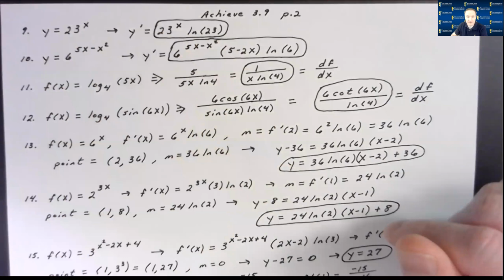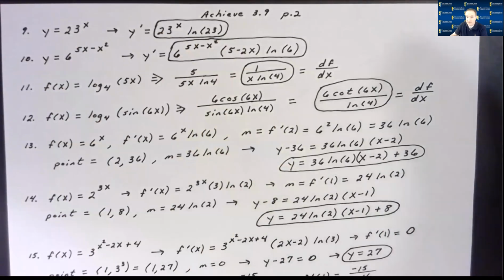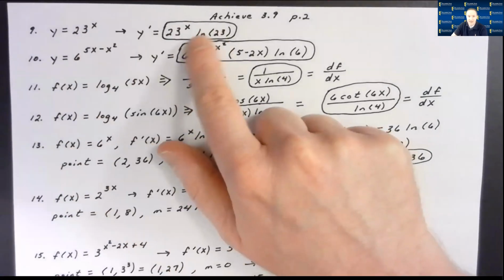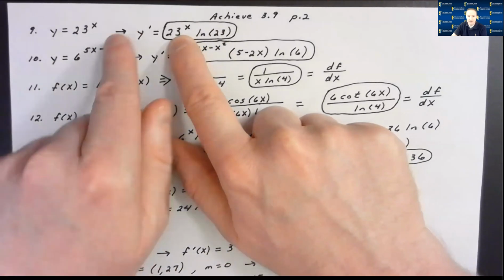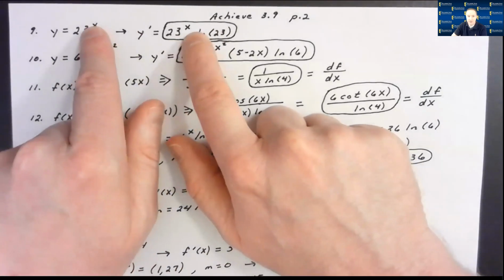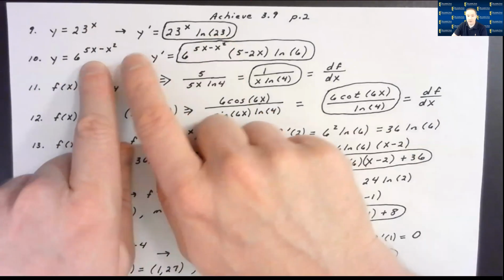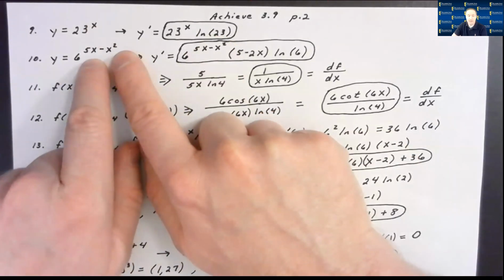So number 9 is annoyingly easy and short. There's no work to show. That's it. So please remember, derivative of every single exponential function is that exponential function times the derivative of its exponent 1 times the natural log of its base. Done.